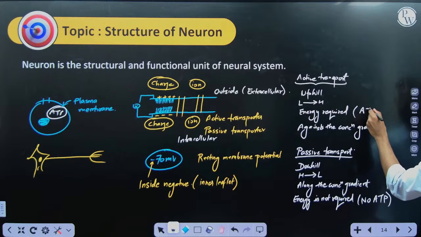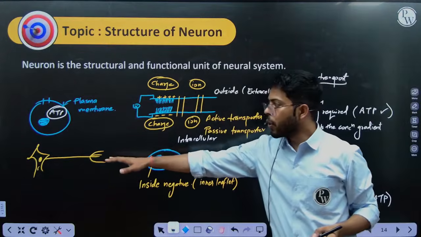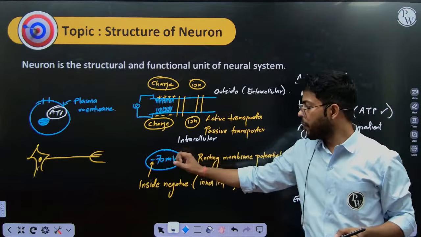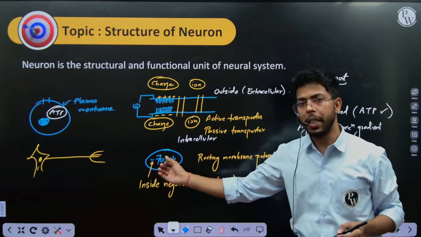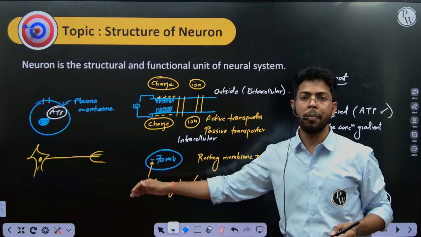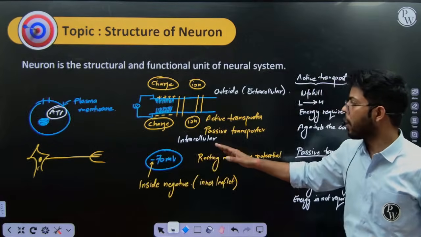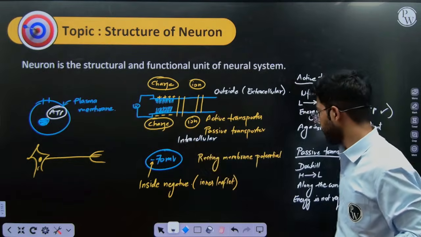That means ATP is utilized. So the neuron is an excitatory cell because it has the resting membrane potential, and it can change its membrane potential. It can reach up to plus 30 or it can reach down to minus 90, according to the opening and closing of the transporters or ion channels.